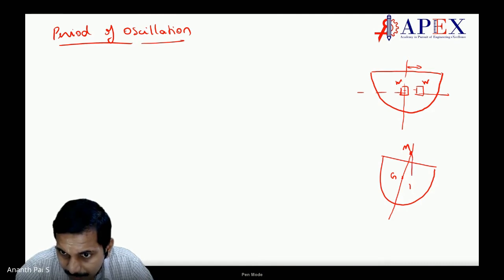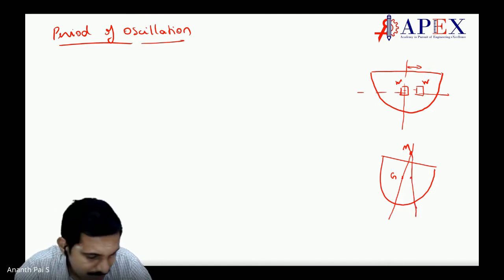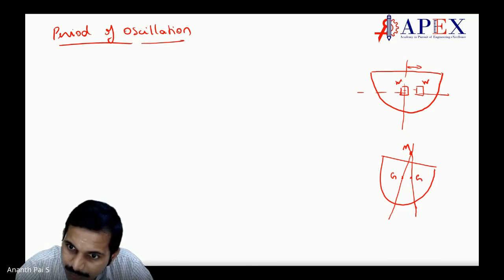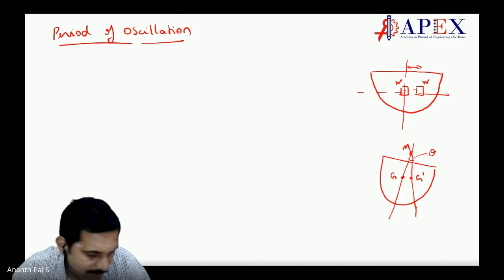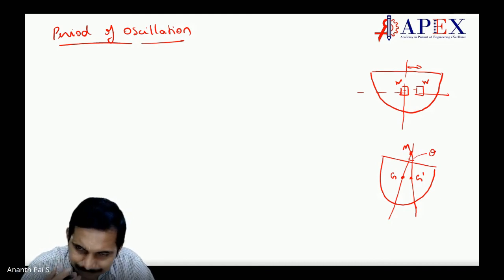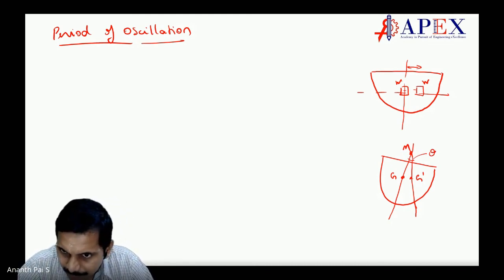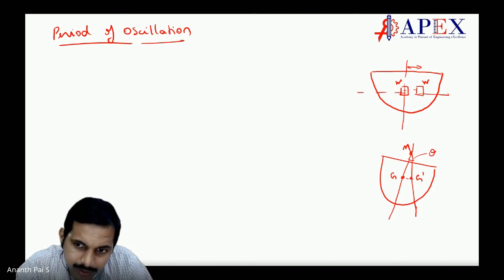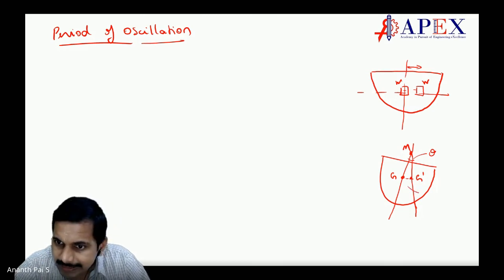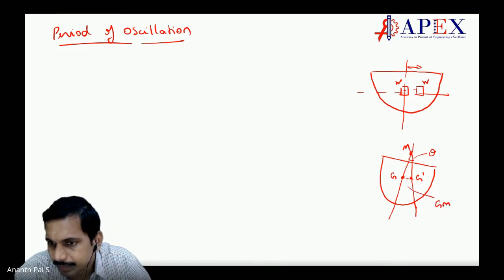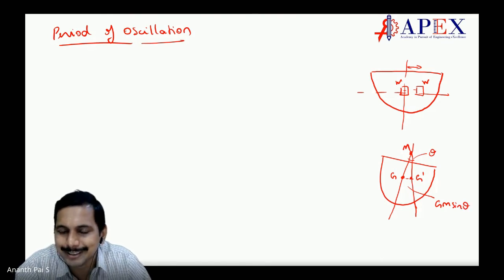Let us take the weight the same. Now G moves from G to G dash by an angle theta. If I consider small angles, this distance I can take as GM sin theta, because we cannot know which is the hypotenuse, whether to take tan theta or sin theta.